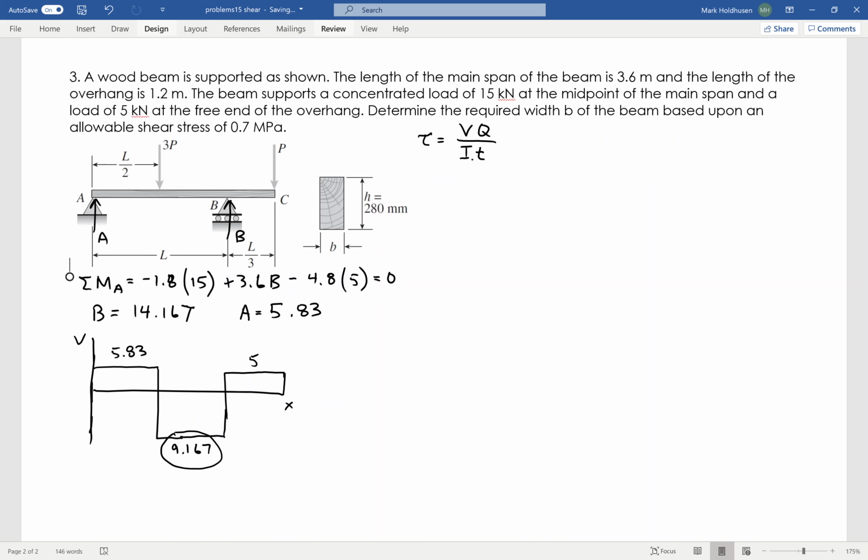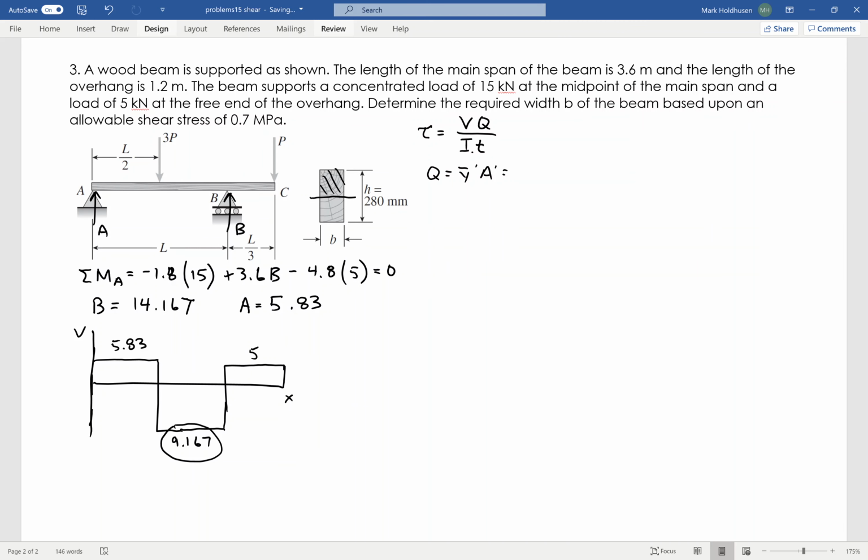Now, as far as Q goes, maximum Q is going to occur at the neutral axis. So I'm looking at this area right here, which is pretty easy to deal with, right? Because Q, of course, is y bar prime times A prime. So the location of y bar prime is going to be 70, right?